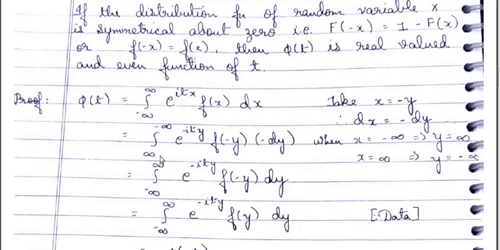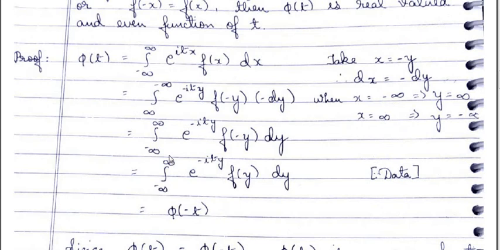So minus infinity to plus infinity e raised to ity f of minus y, because x is equal to minus y dy. So what will this be? Minus infinity to plus infinity e raised to ity f of minus y dy. So minus infinity to plus infinity e raised to ity fy dy.